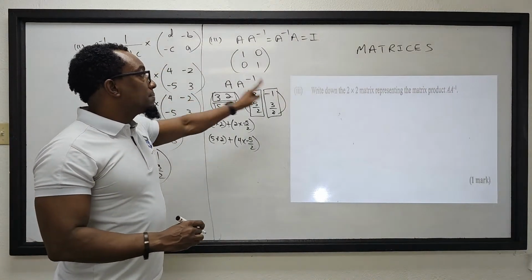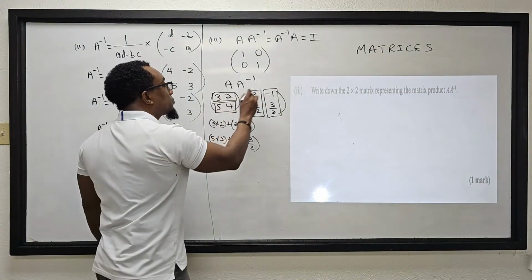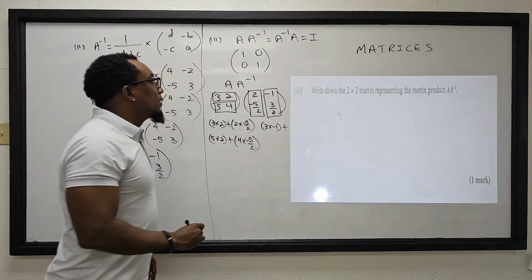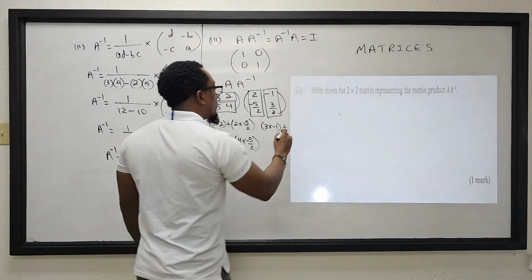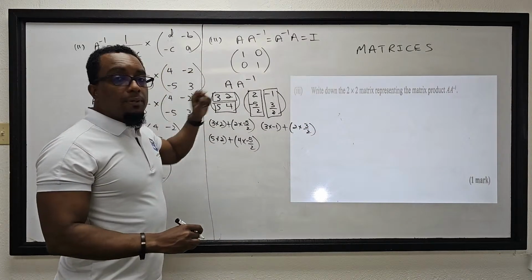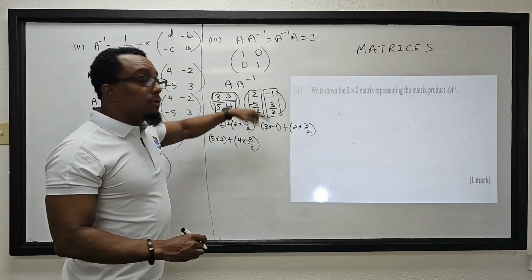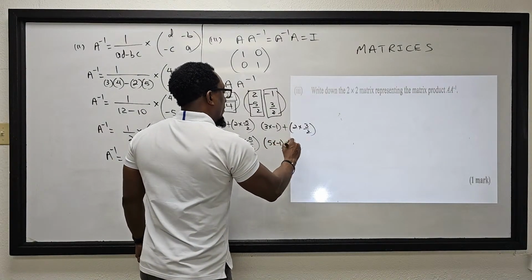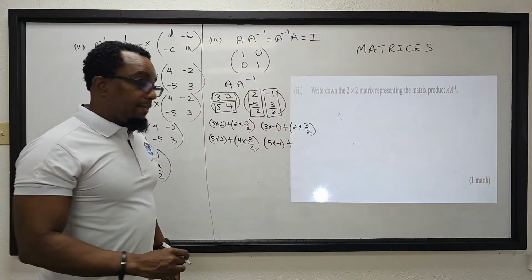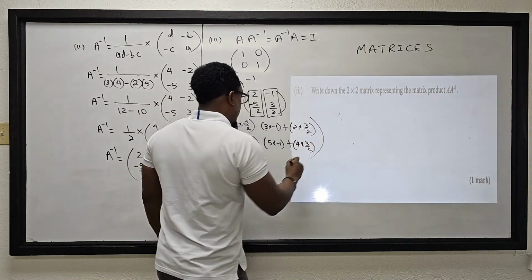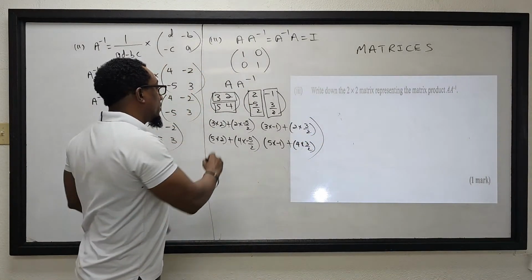Then first row, second column: 3 by negative 1 plus 2 by 3 over 2. Now second row, second column: 5 by negative 1 plus 4 by 3 over 2. So if we multiply them, we get the same 1, 0, 0, 1.